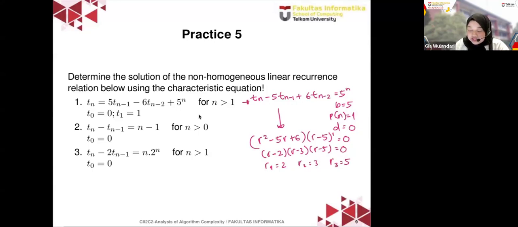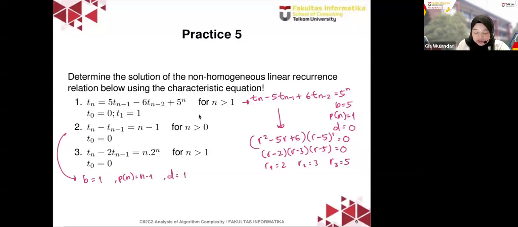But again, since we will have 3 constants, we will need to find first what T2 is by substituting n equals to 2 into the relation. This is also the same for number 2. It means we have b equals to 1 and the polynomial is n minus 1, so the degree is 1.